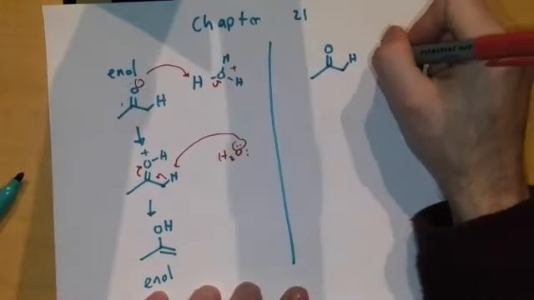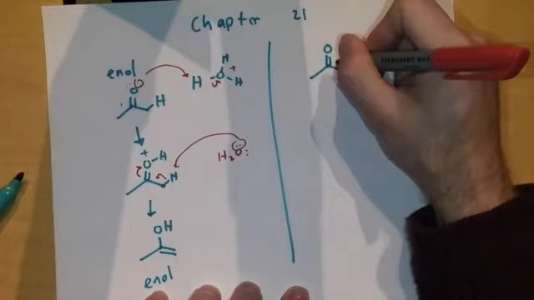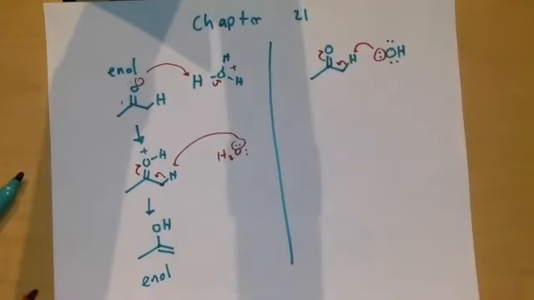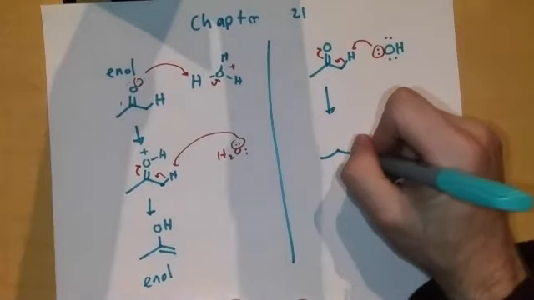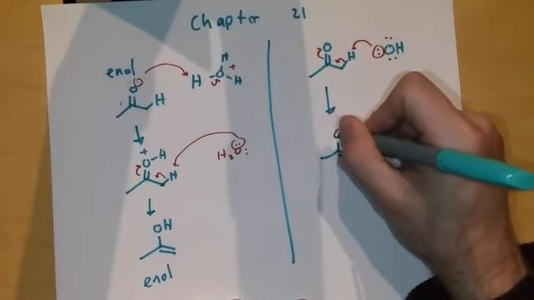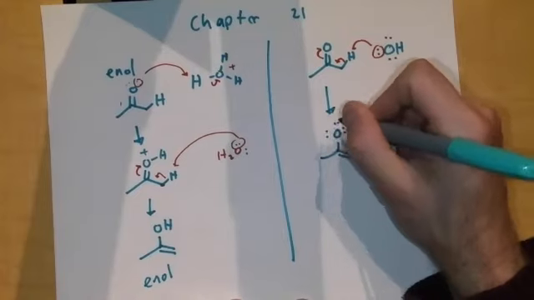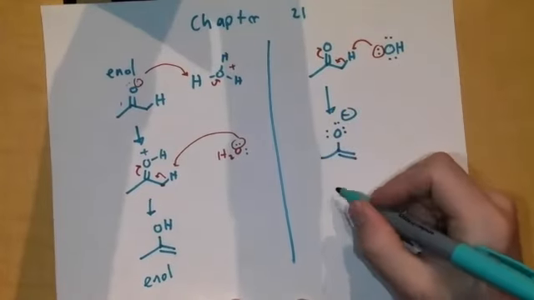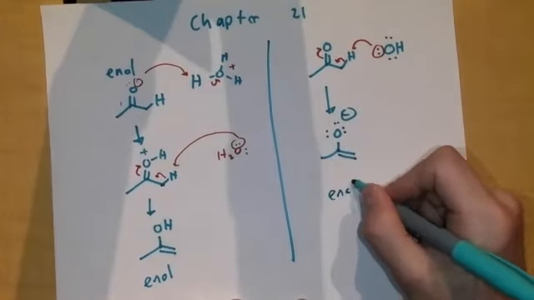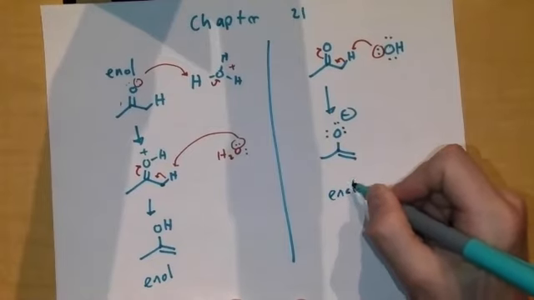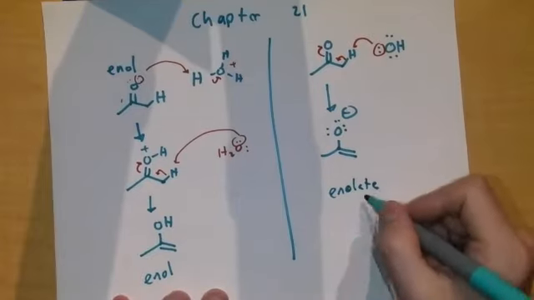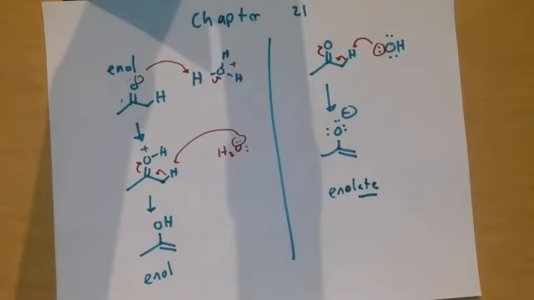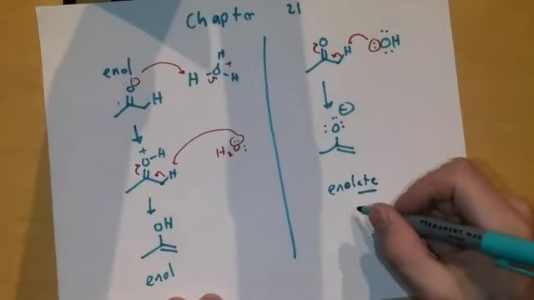We're going to pull off this H here, except now we're not protonated. And we're going to make what's called an enolate. And generally when you see this, like a carboxylate, it just means it's negatively charged.